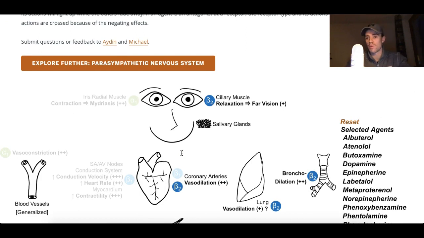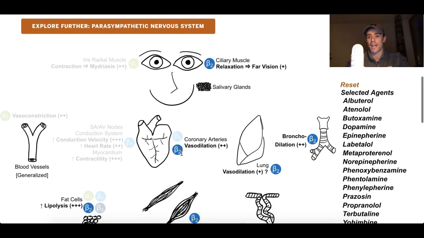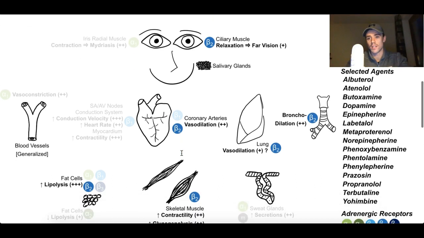It's not necessarily homogeneous, in that agonizing one particular receptor subtype in a certain area might lead to a different effect somewhere else in the body. For example, bronchodilation doesn't always equal vasodilation. You have different effects in the heart and the lungs, and it's all that sort of specific stuff that I don't think most of you need to worry too much about.